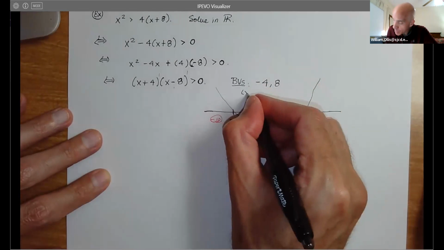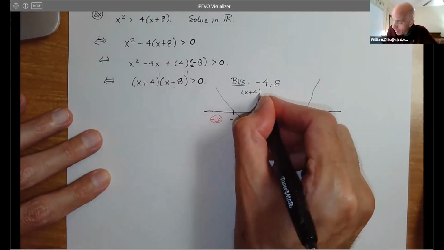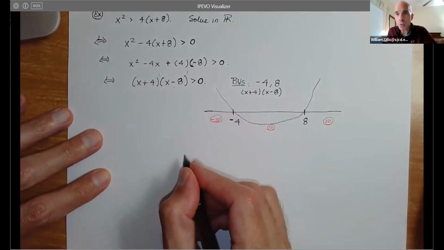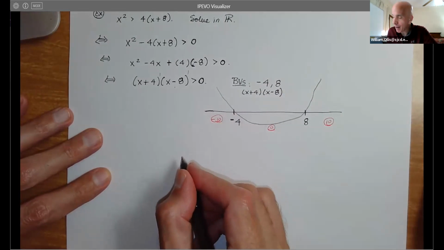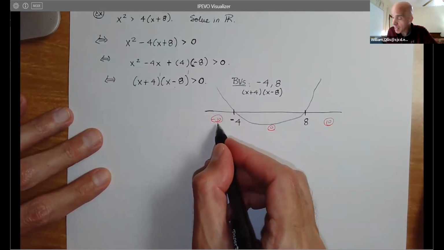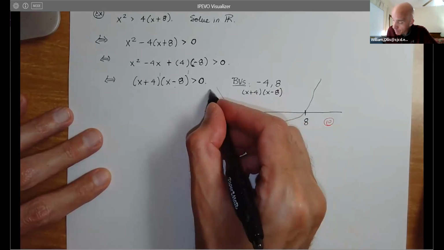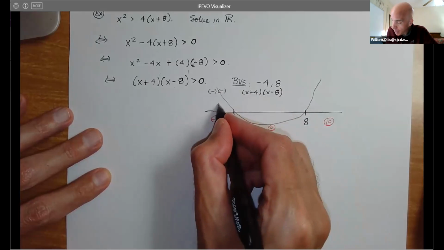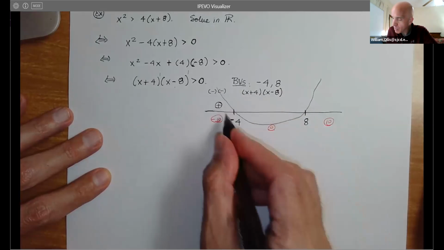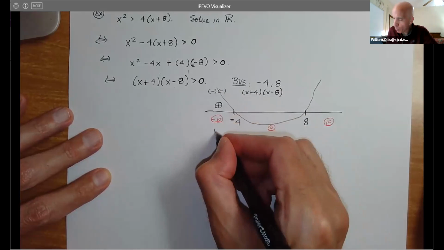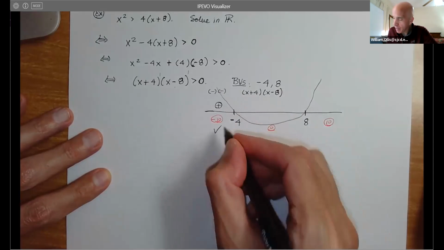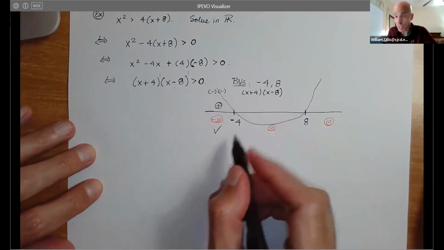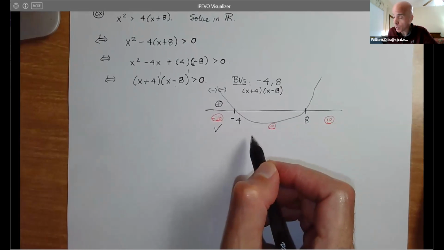So we have x plus 4, just put the factored version right above the number line. And all we need to do is figure out the sign. So when we put in -10, this factor's negative, and this factor's negative, two negatives multiplied positive. So we already knew this would work, but we'll put a check there anyway. The graph told us that, but that was cheating, really. But we're still going to use that in the future because it's very useful.